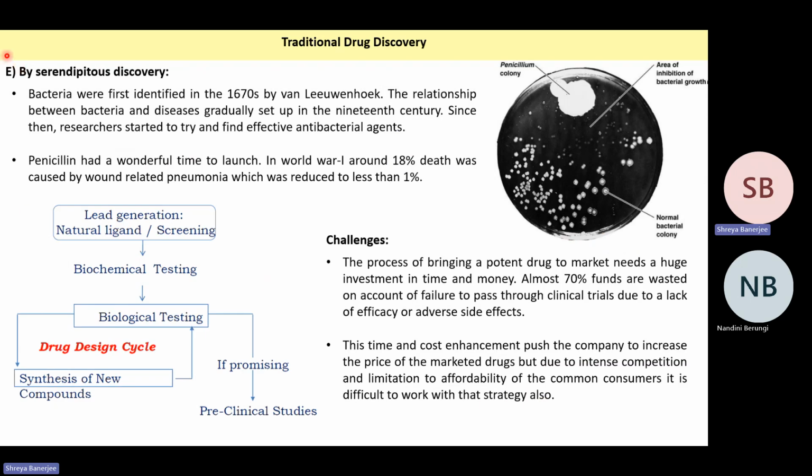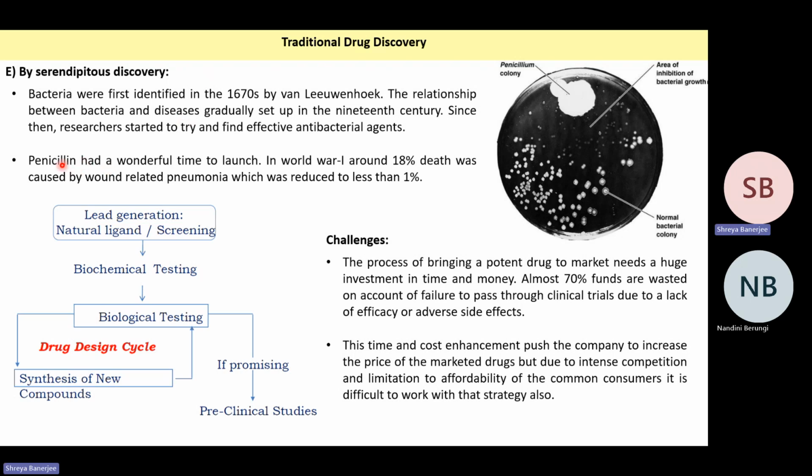And definitely one of the traditional drug discovery methods is serendipitous discovery. That is, by luck or by chance, a drug has been identified. For example, in the 1670s, bacteria were identified by Van Leeuwenhoek, and the relationship between bacteria and diseases was gradually set up in the 19th century. From that time on, researchers have been trying to find better and better antibacterial agents.